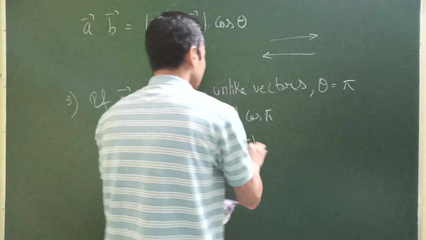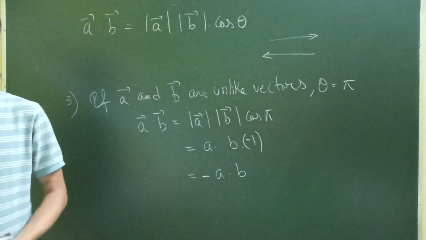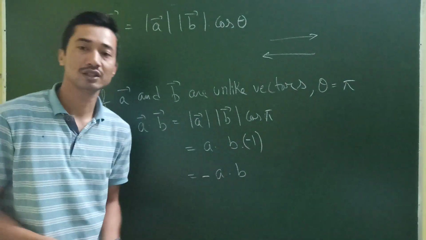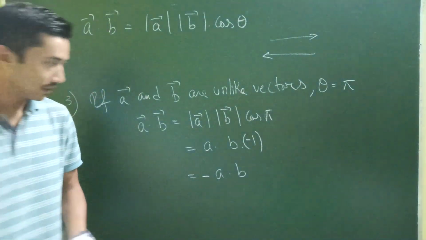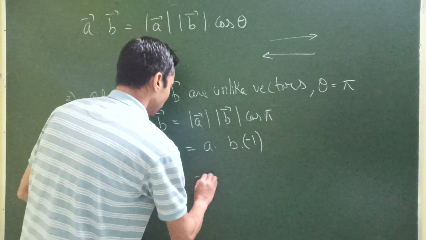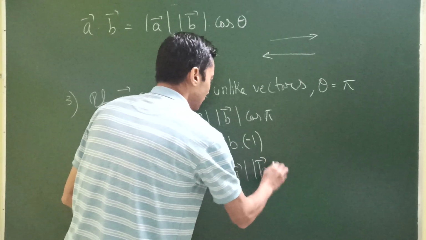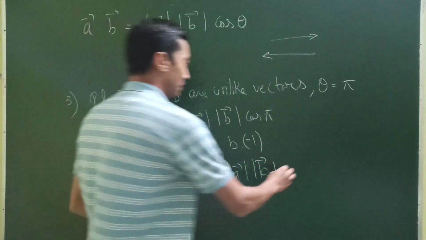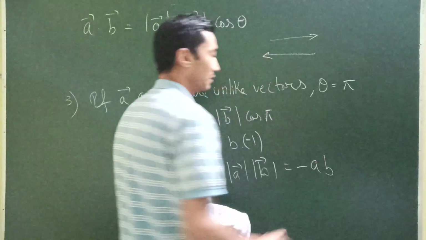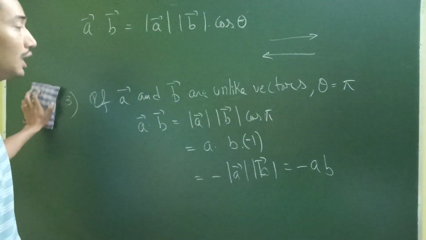Now cos of 180 degrees is minus 1. So the result will be minus of magnitude of vector A into magnitude of vector B. Of course, you can keep it like this also, not a big problem. It's just that in simple, we just write minus AB, just the magnitudes.